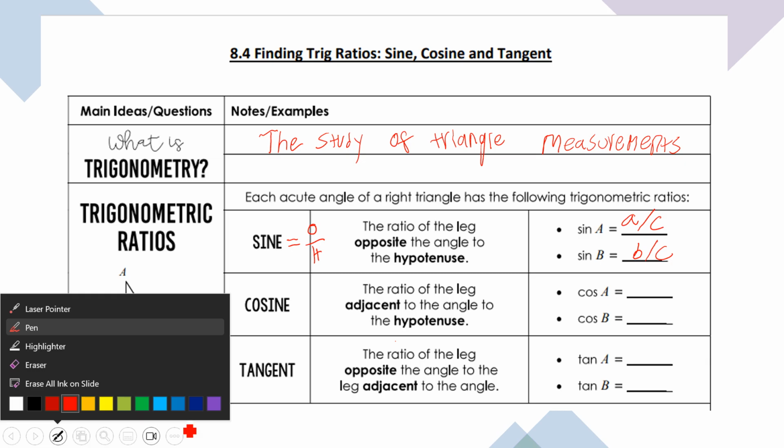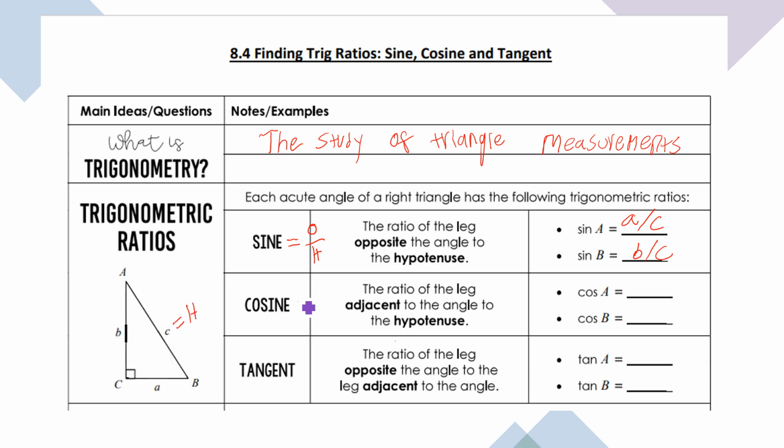Cosine is your adjacent over your hypotenuse. So let's look for cosine of A. A is right here. The adjacent side relative to angle A is b. And you can kind of do that by process of elimination.